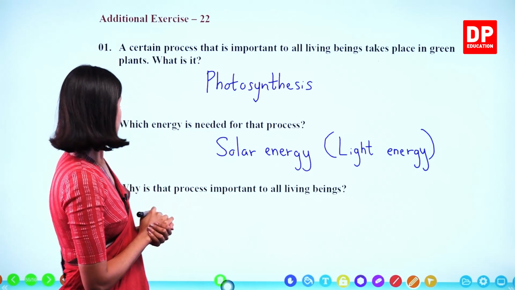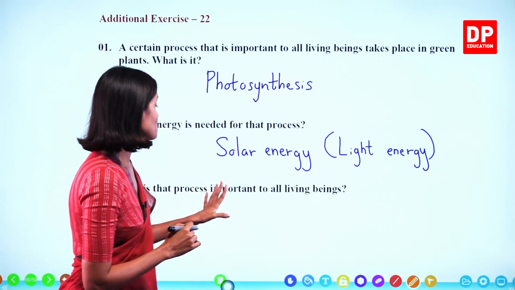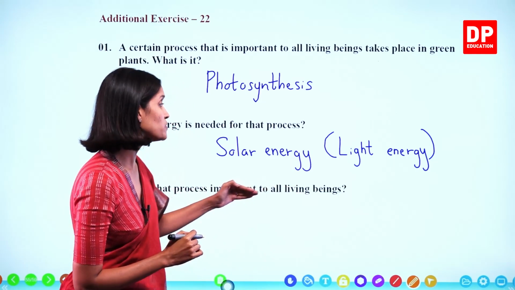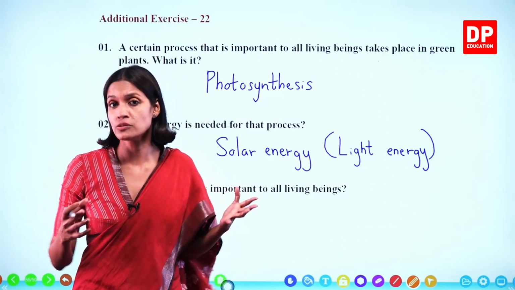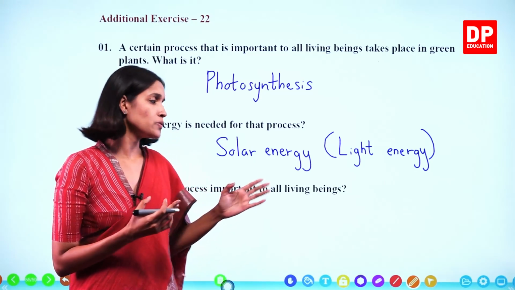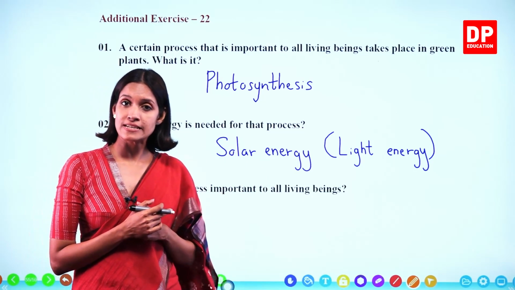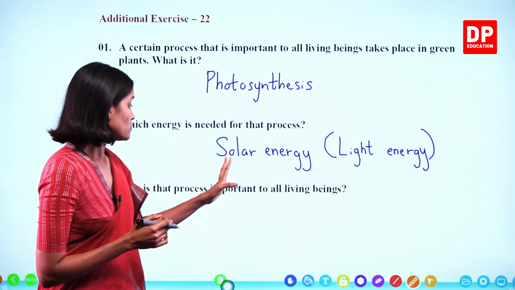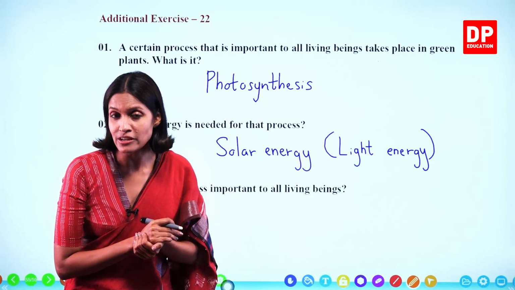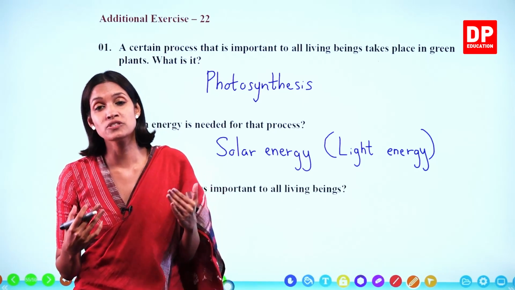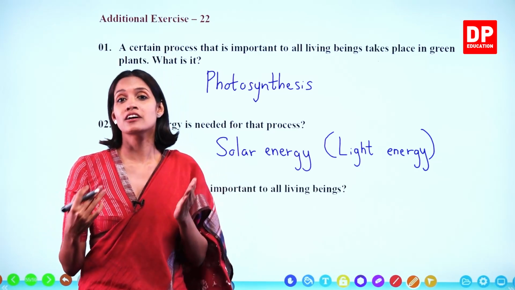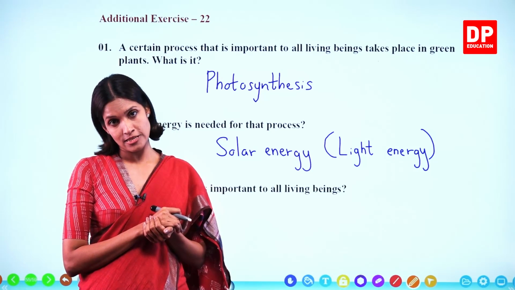Okay, children. Why is that process important to all living beings? Why do we consider photosynthesis one important process? During the lesson we discussed that plants can produce food and all the other animals depend on the plants directly or indirectly. Herbivores directly depend on plants and carnivores indirectly depend on plants.